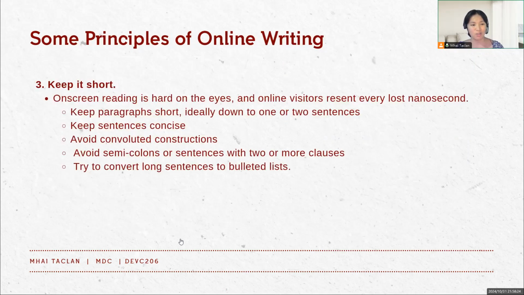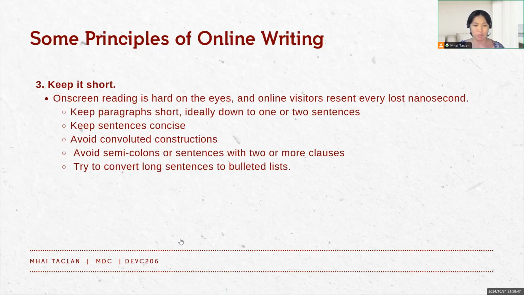Which leads us to the third one, which is to keep it short. With the shorter attention spans of people nowadays, we should keep everything simple and short. On screen reading is hard on the eyes, and we do not want to be resented by our visitors by having to scroll through long paragraphs of text.